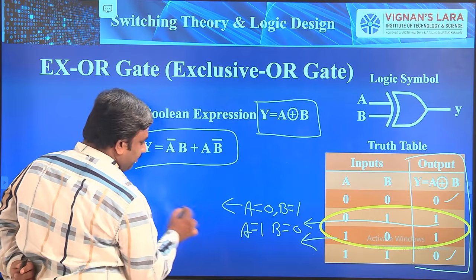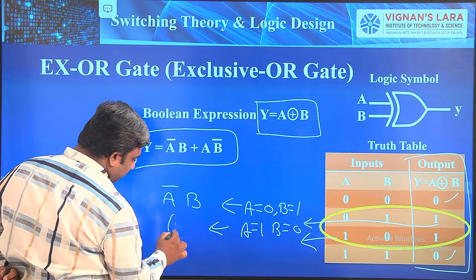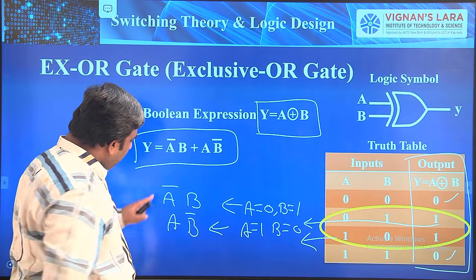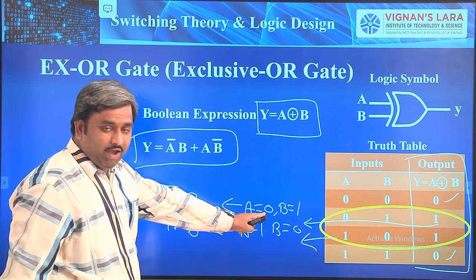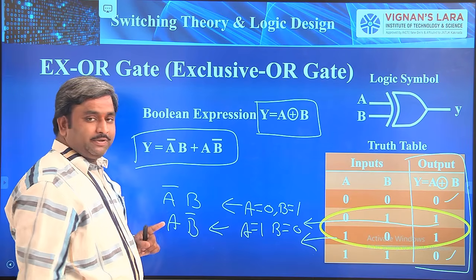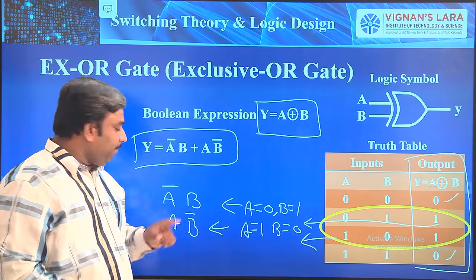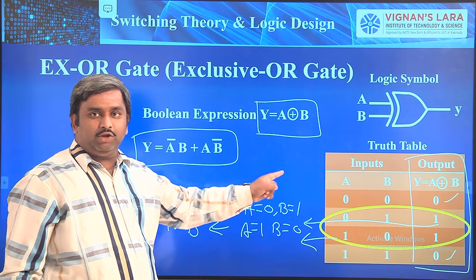I am representing the first with A bar B, and the second with A B bar. Why have I represented A bar? Because the A value is equal to 0 and the B value is equal to 1. In this case, I got the output. That is, A must be 0 and B must be 1.